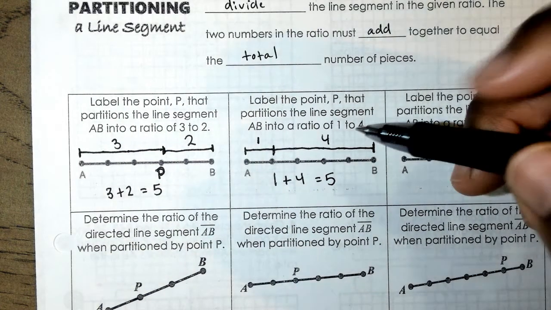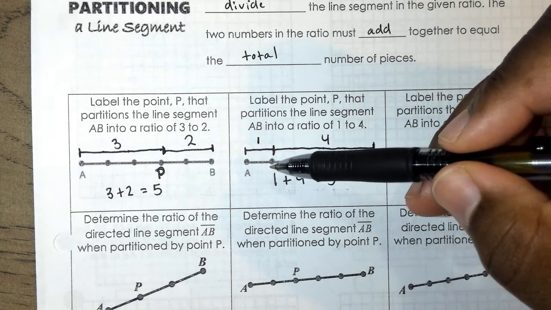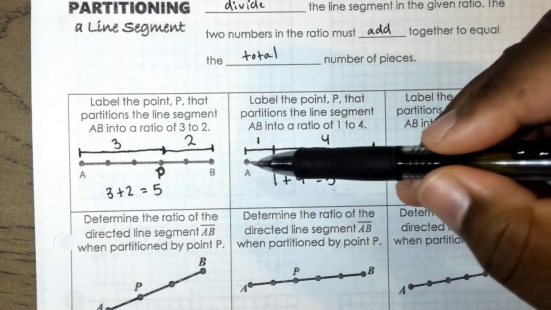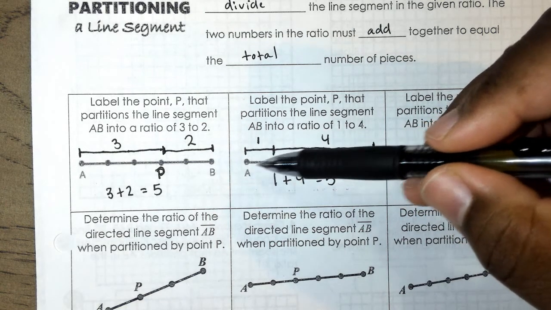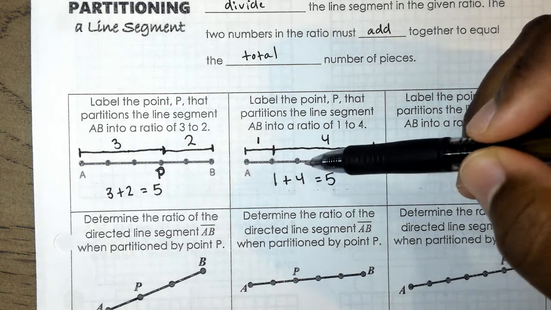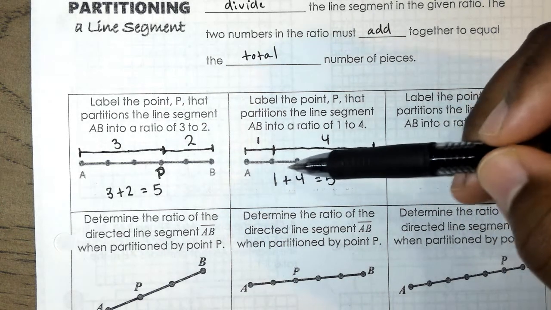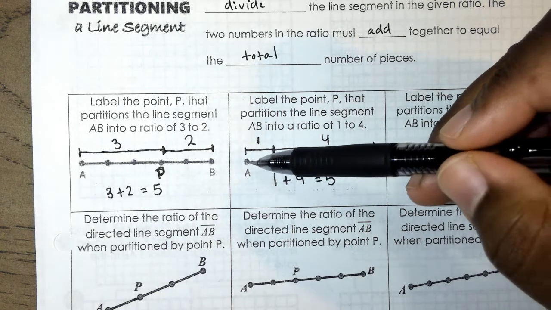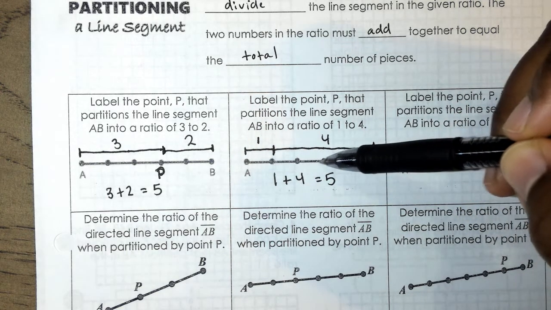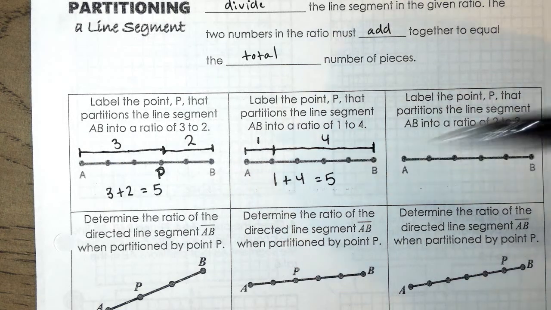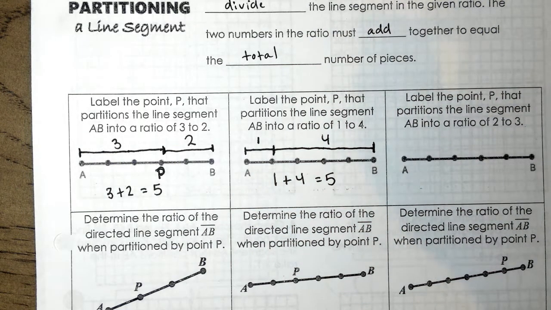The main thing I want y'all to understand too, you're not counting the points, you're counting the segments. I think kids think you count the points to figure out the splits. You're counting the line segment in between. So I'm really counting this line right here. 1, 2, 3, 4, 5 line segments. Alright.